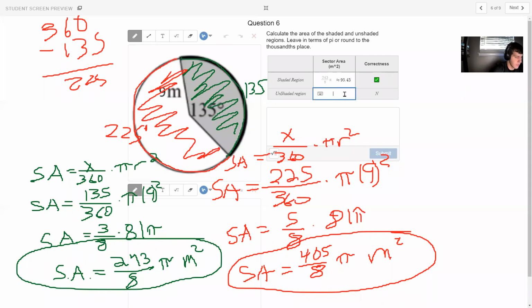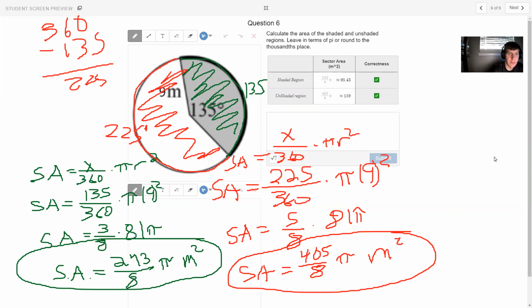So let's just verify that this is right. 405 divided by 8 times pi. Okay, and you certainly could have gotten a decimal and rounded that as well to 3 decimal places. But again, if we add these together, it should be equal to 81 pi.